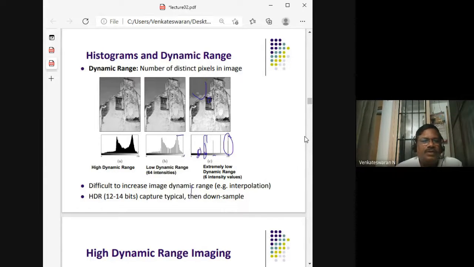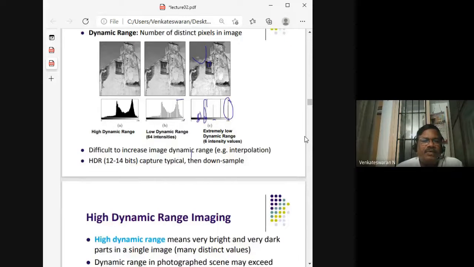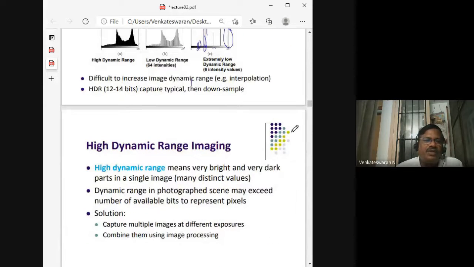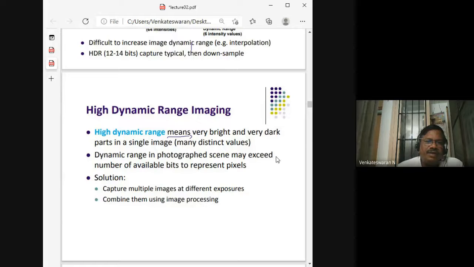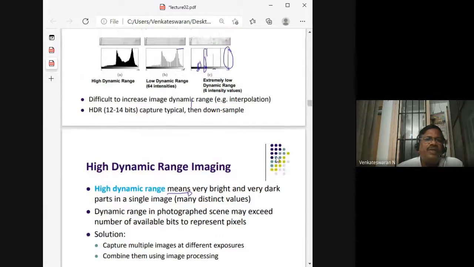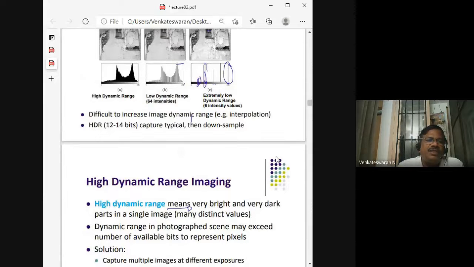Now when you want high dynamic range imaging, you should have very bright and very dark parts of the image. It should have many distinct pixels, so that all pixel values are available.